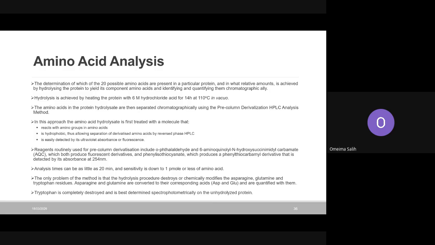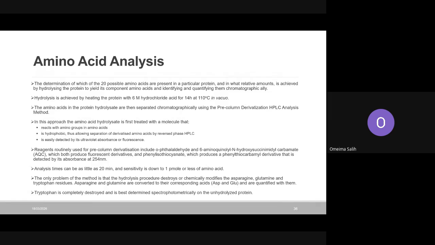Before I start with chromatography, as you know, to study the type of amino acids within a protein, you can use a biochemical test in the laboratory, which is a hydrolysis test, by heating the protein under study with 6 molar hydrochloric acid for 14 hours at 110 degrees centigrade.